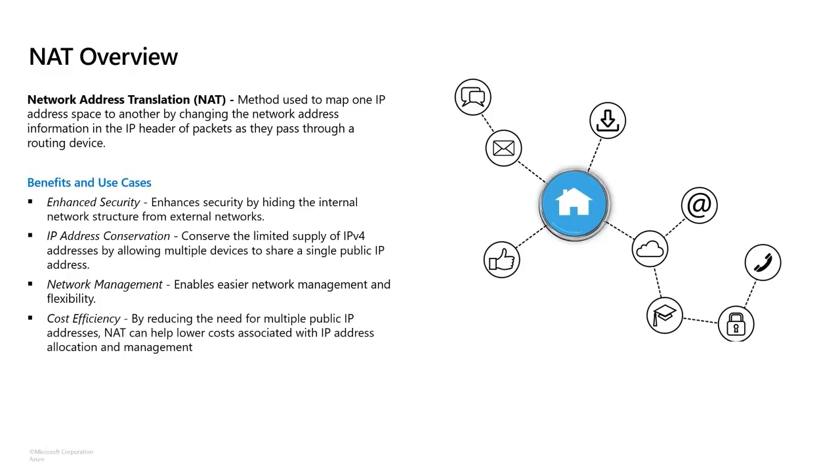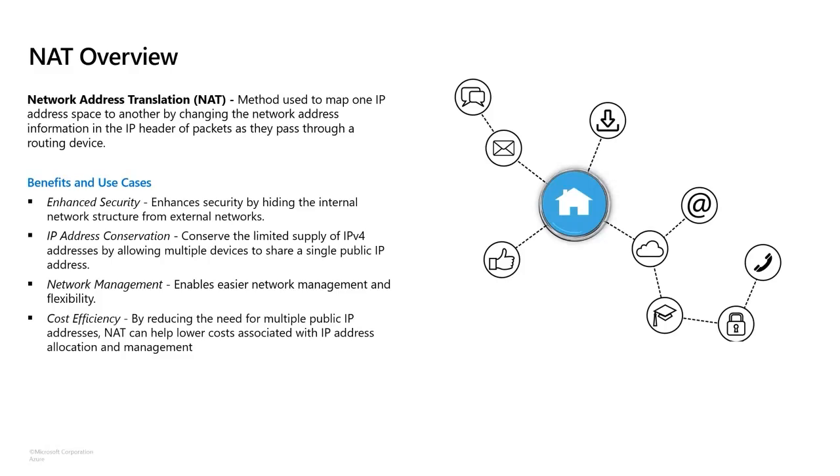NAT is also used for IP address conservation. This means it helps to conserve the limited supply of IPv4 addresses. In as much as we also have IPv6, we still have IPv4 addresses being used, and it does this by allowing multiple devices to share a single public IP address. We also have network management, where NAT enables easier management and flexibility.